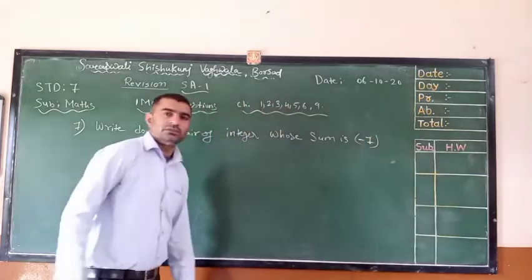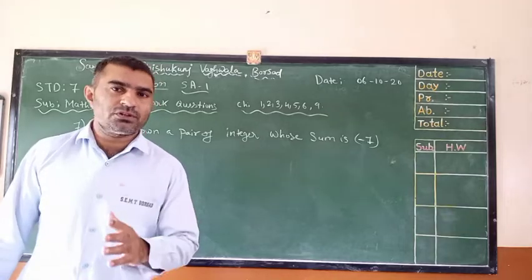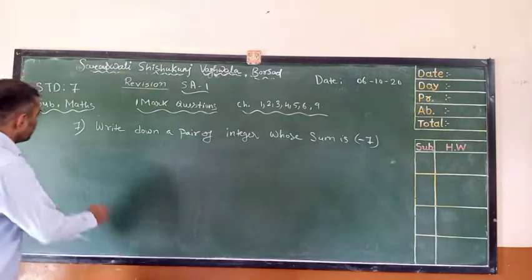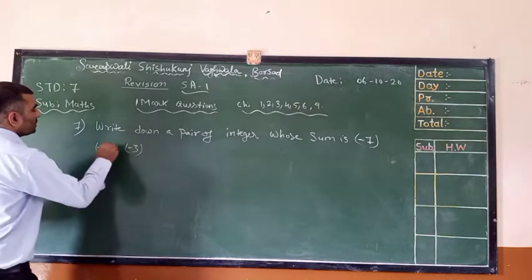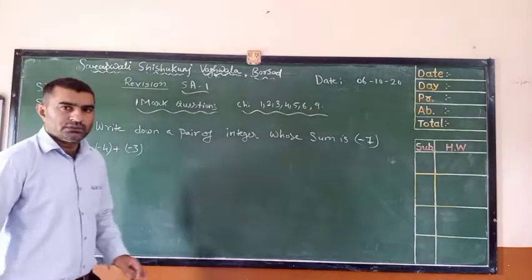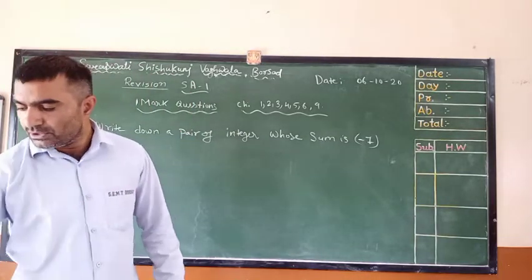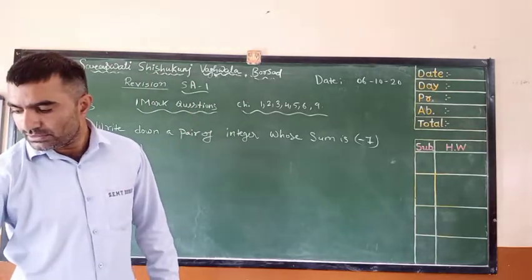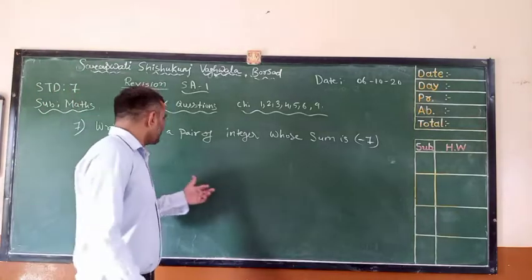See, in this you can use any integer whose sum is minus 7. For example, minus 4 plus minus 3, both the integers are negative. See, it is not given in the question that you have to use both negative integers. You can use any integers, but the sum must be minus 7.